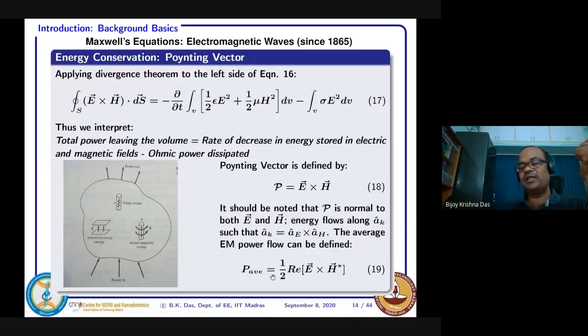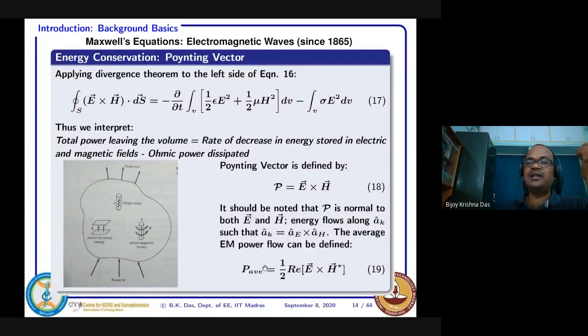So this gives you the average energy flow per unit area, because after integrating over dS, then only you get the total energy, that is called power. That's why it is written here, the power in and power out. Whenever integrating together, then you are getting power.